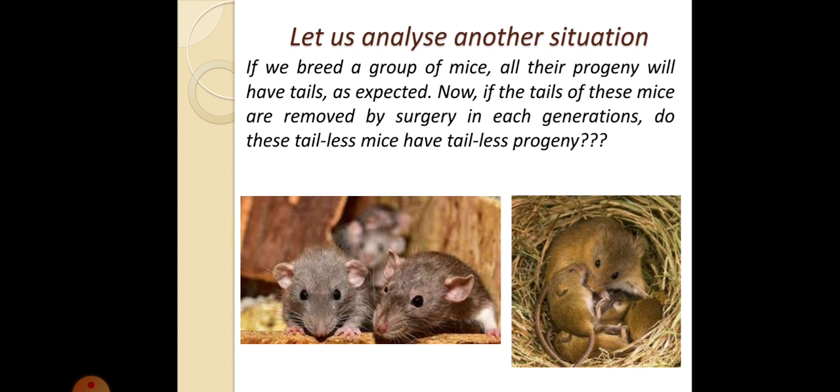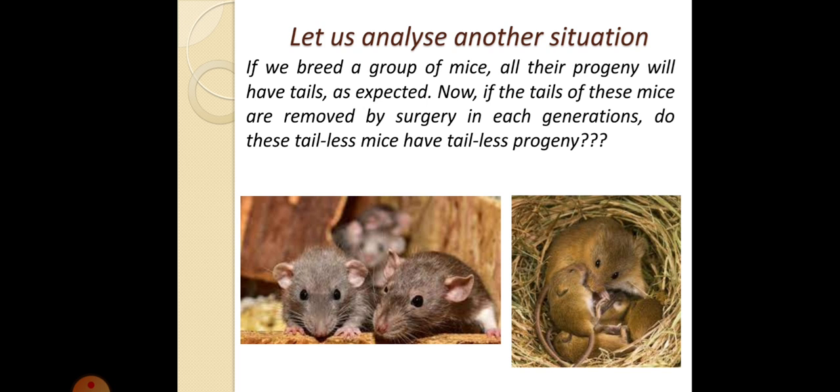Mice have tails. So if we are breeding some group of mice, all their progeny, that means all the children of mice, will have tails. Now if the tails of these mice are removed by surgery in each generation, do these tailless mice have tailless progeny?